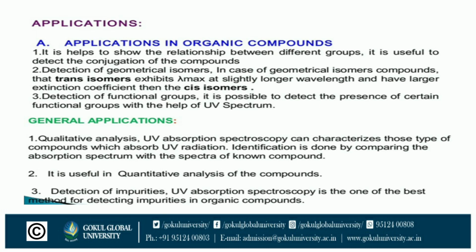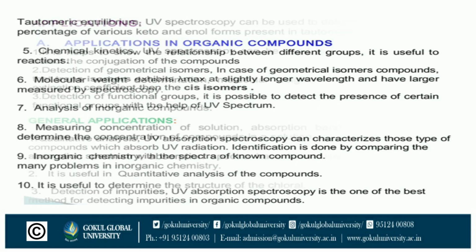When the UV spectroscopy detects changes that occurred in the compound by the reason of impurities, then we also know information about the given compound. So that's useful for the detection of impurities.